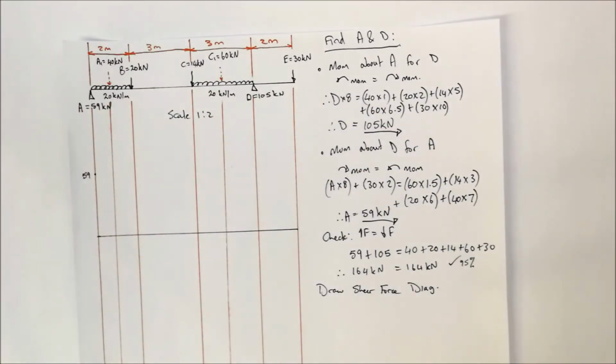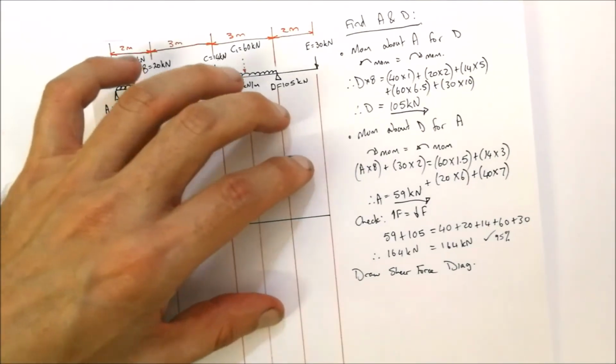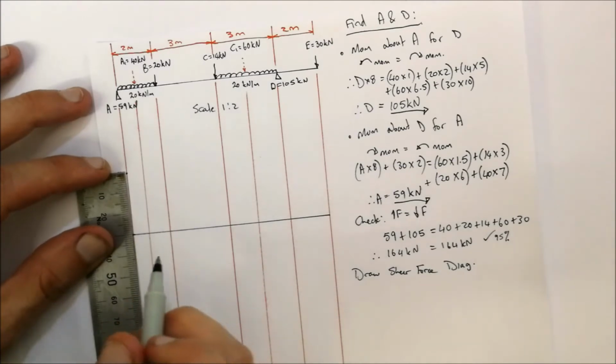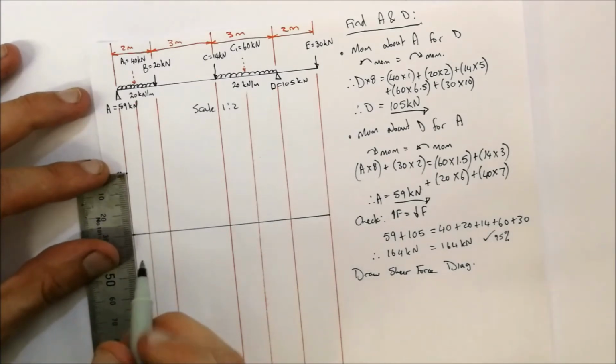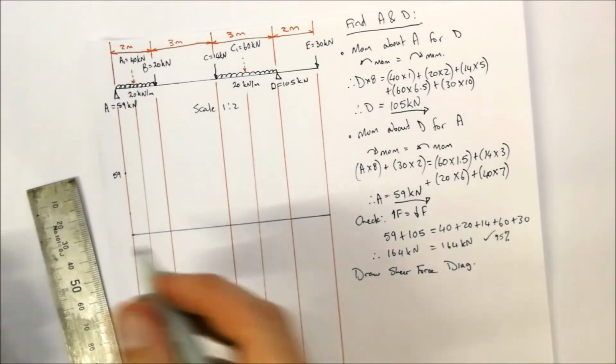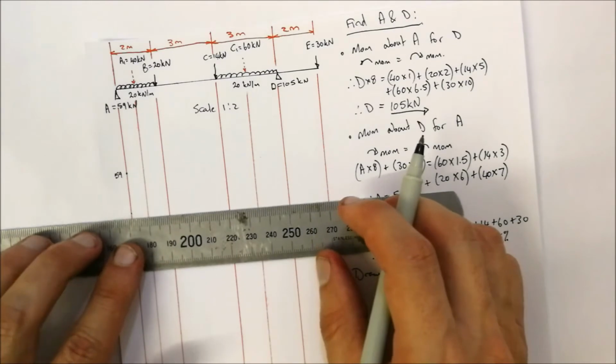Again with a scale of 1 to 2, 40 kilonewtons going down would be a measurement of 20. So measuring 20 down from that point, I'm going to project that 20 across to where point B is.